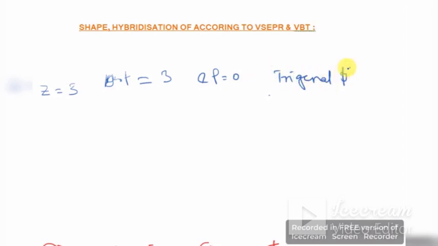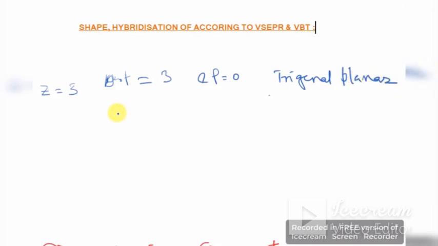For the minimum value, I am taking Z equal to 3. What is Z? Z is the electron pair. For Z equal to 3, the first variation is if bond pair is 3 and lone pair is 0, then the shape will be trigonal planar.